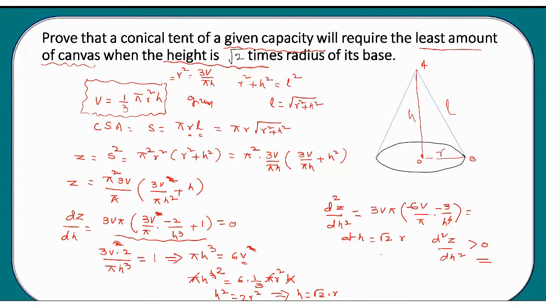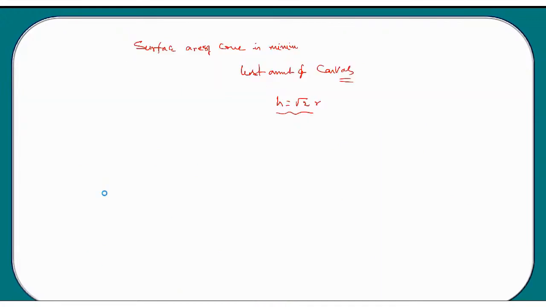So we found out that at h is equal to √2 times of r, the surface area of cone is minimum. That means the least amount of canvas is required when height is equal to √2 times of radius. Is it clear?